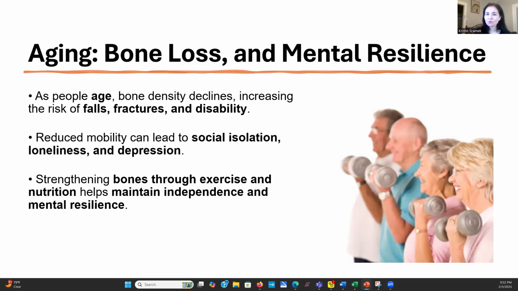So they might not socialize as much or go out and about to visit other people, which can lead to loneliness and depression. So, strengthening bones through exercising, through nutrition, and of course, alongside of that, it helps the person maintain their own independence and feel a sense of resilience, like they can do things on their own, is quite important.